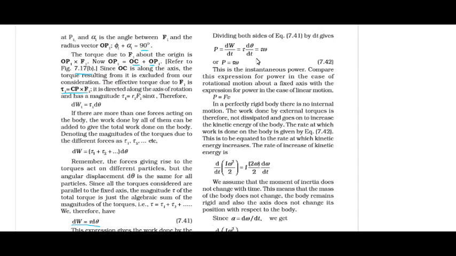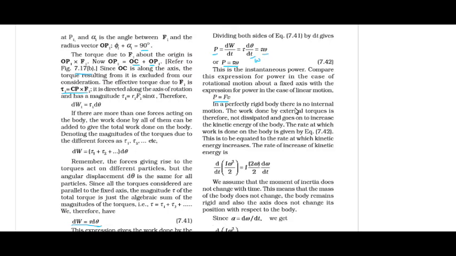So d theta by dt we can write as omega. So tau omega. So power is equal to tau omega. We have derived this from dW equal to tau d theta. This is the instantaneous power. Comparing this expression for power in rotational motion about a fixed axis with the expression of power in linear motion, it is Fv.